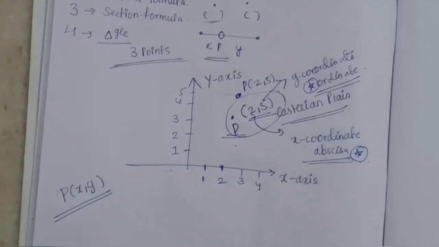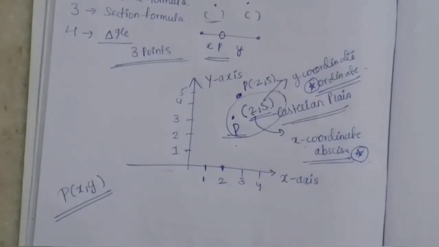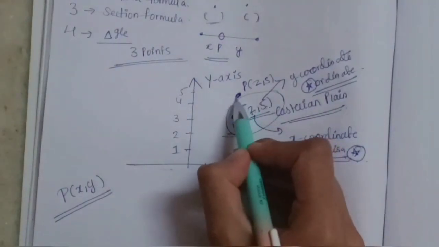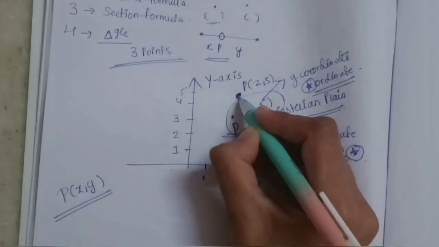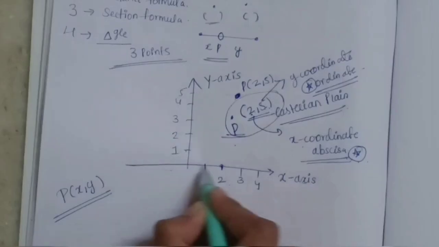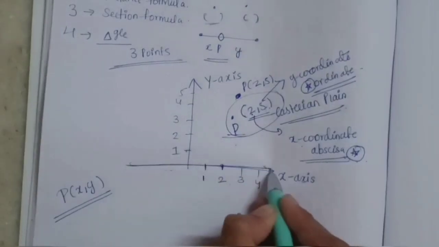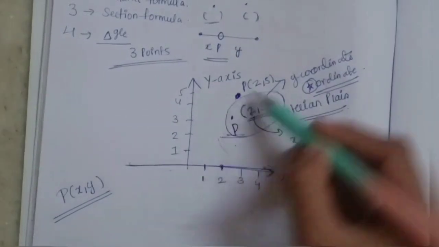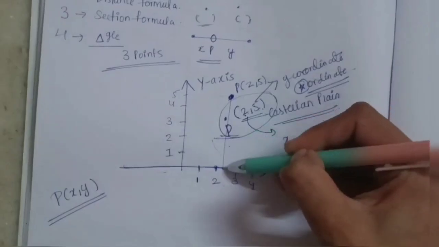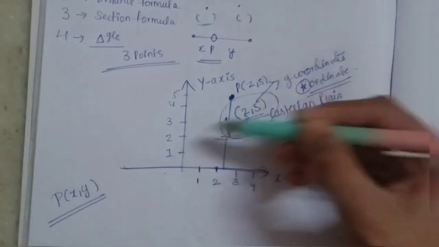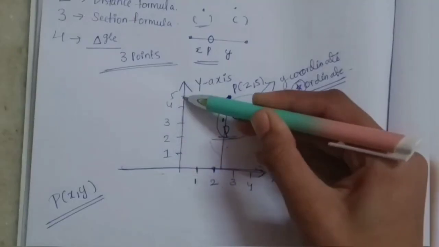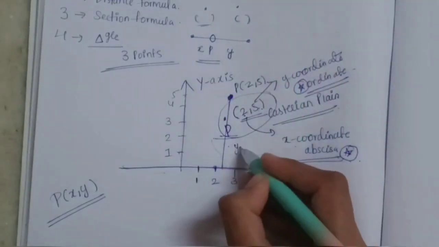So what do these x and y actually mean? We have seen this point P, right? The distance of the point P from the x-axis corresponds to the y part. Y is 5, so this distance is y, right?